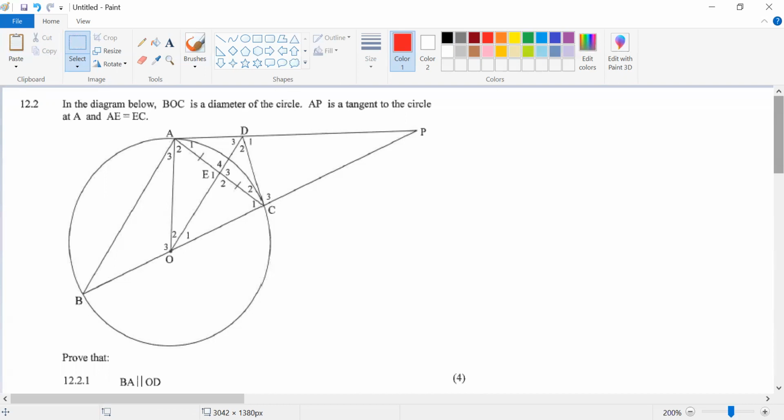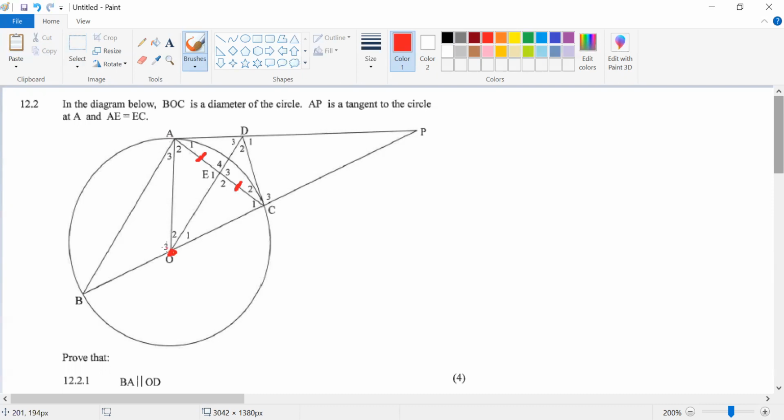And then they tell us that AE is equal to EC. So if we take a look at what they've actually told us, they've told us everything. They said that this and this are equal. They told us that this line from P to A is a tangent at A. And we know that O is the center.